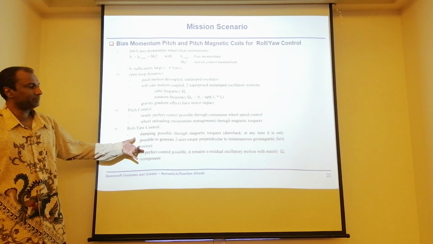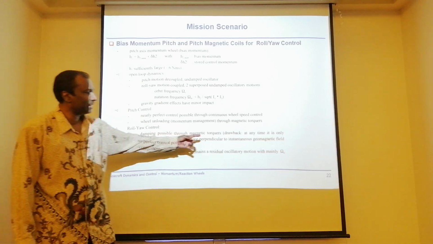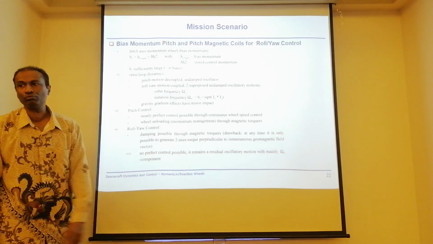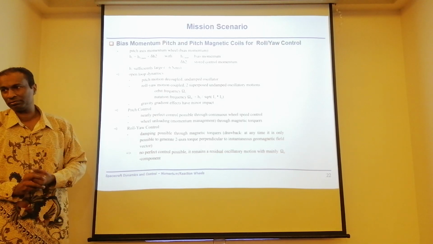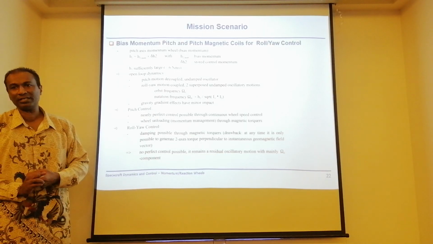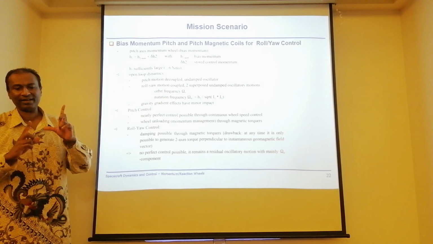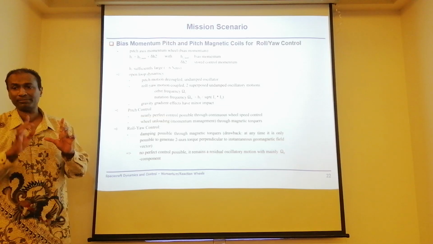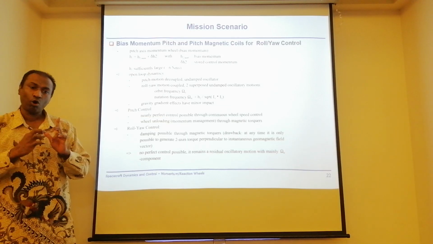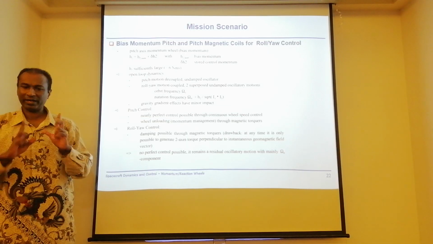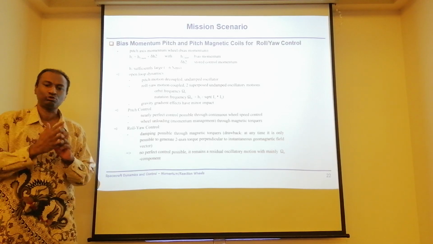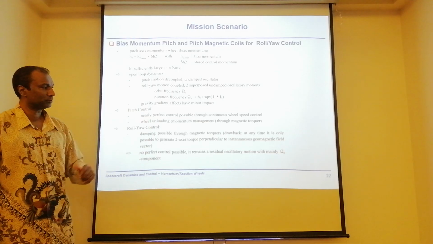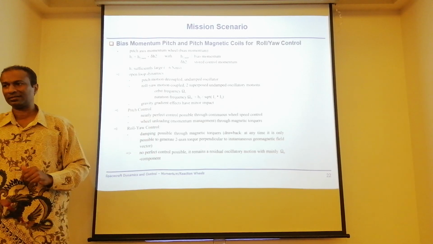The only problem is that at any time it is only possible to generate two-axis torque, because you can never get the planet Earth's magnetic field perpendicular to all three axes. You can get it perpendicular to two axes in order to generate the torque, but not all three axes.